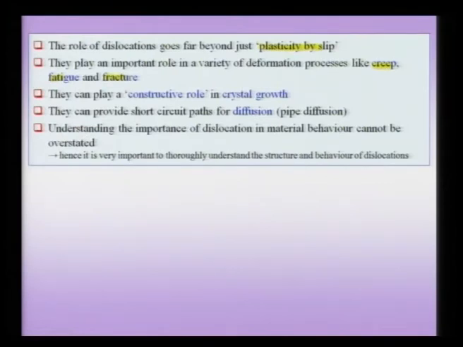And in this context, I would definitely like to say that the importance of dislocations in material behavior cannot be overstated. The more we try to understand dislocations, the better our understanding of material behavior will be, especially the mechanical behavior of materials. Of course, their role is not just related to mechanical behavior.